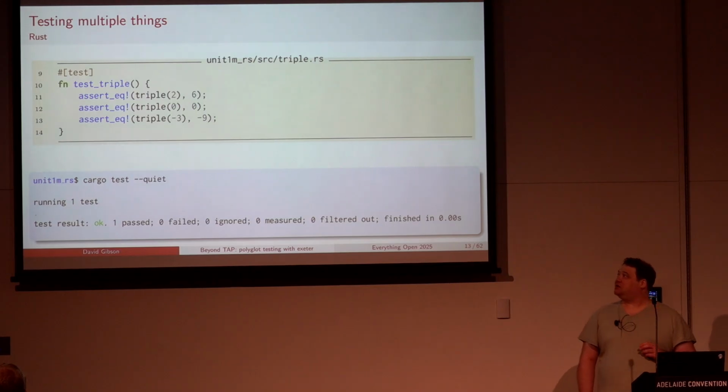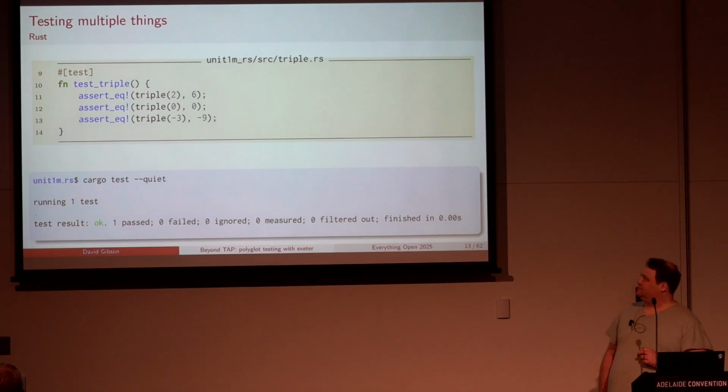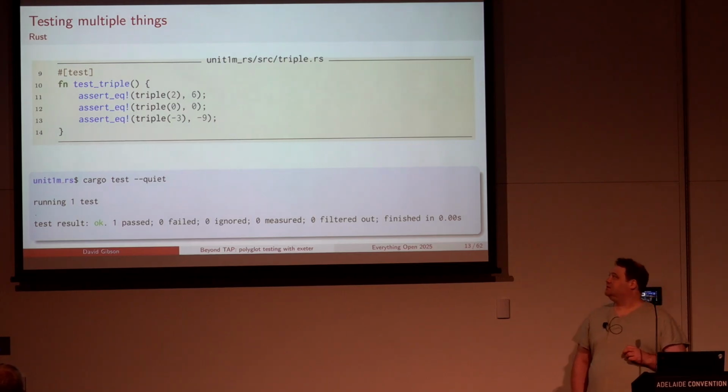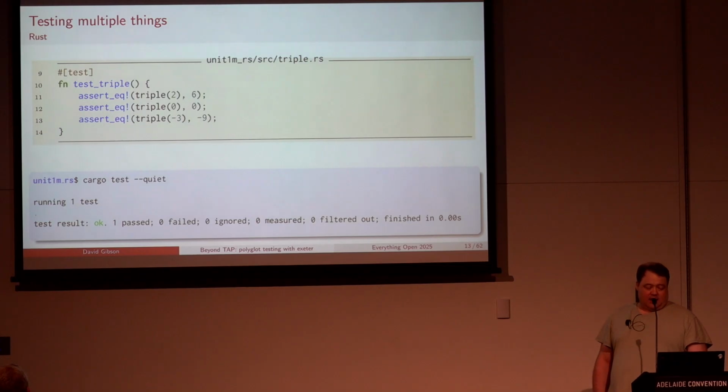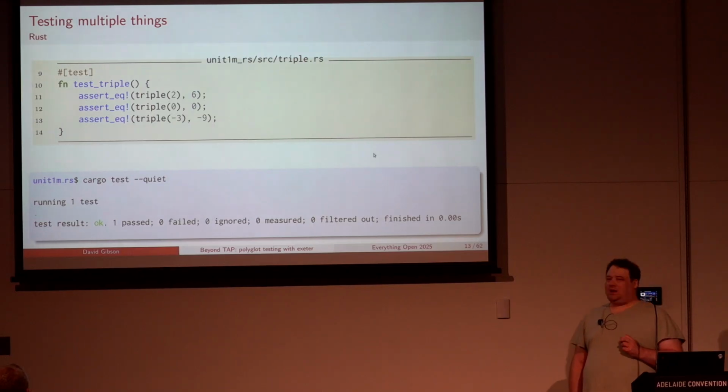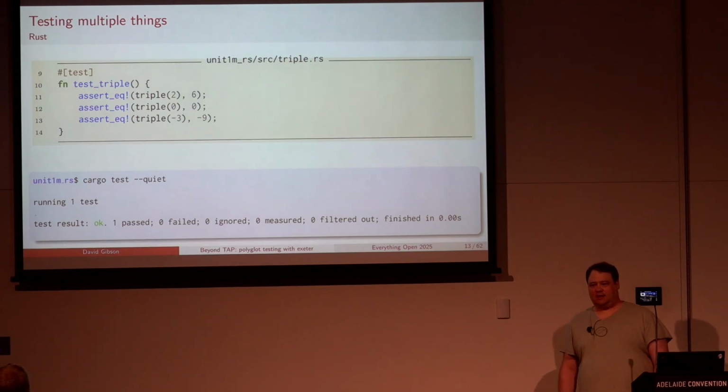You write one function and then you check that 2 times 3 is 6, and 0 times 3 is 0, and minus 3 times 3 is minus 9. And you can run it, but it shows up as one test, which, again, with this trivial contrived example, maybe not a big deal, but really, you're testing 3 separate things here, you'd like them to show up as 3 separate tests, so that you can quickly see what case has gone wrong.